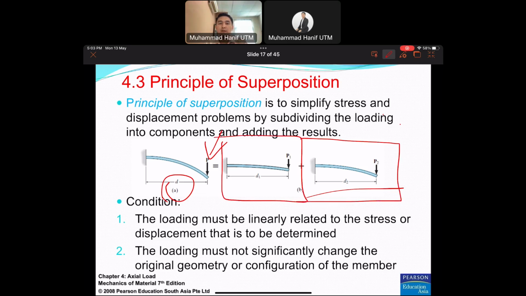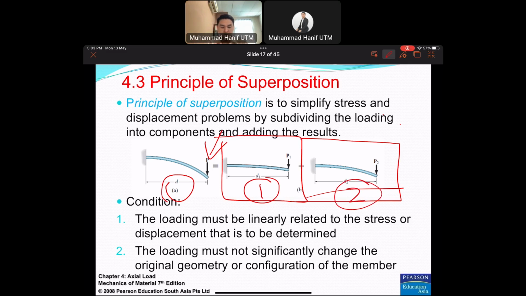So this is the process where we simplify the method to find the stress, for example. The first one, at a certain distance, the displacement is like the first figure. At another distance, this is the certain deformed body.